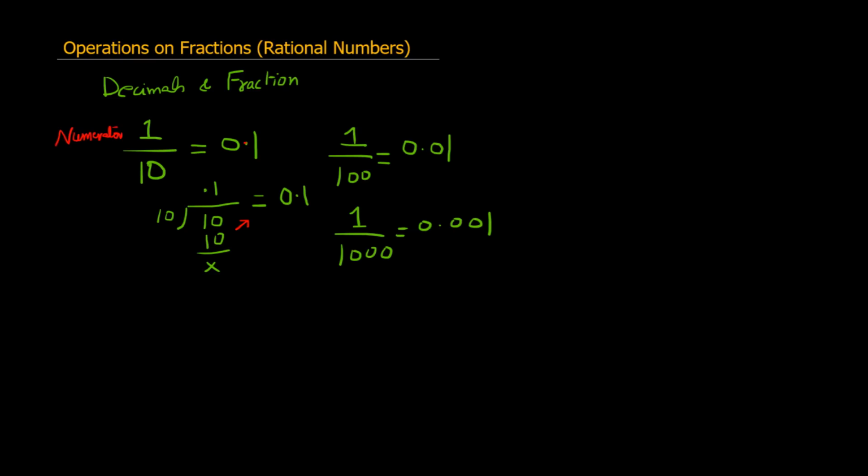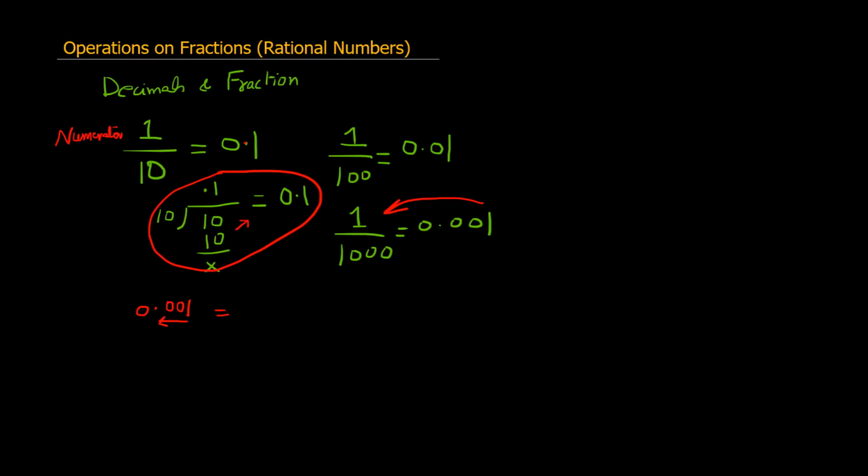So you don't have to perform this for these type of conversions. You can straight away write that 1 divided by 10 is 0.1, 1 divided by 100 is 0.01, and so on. How can we go from there to there? The way you proceed is, you count how many places the decimal point is away after 1. So you count 1, 2, 3.